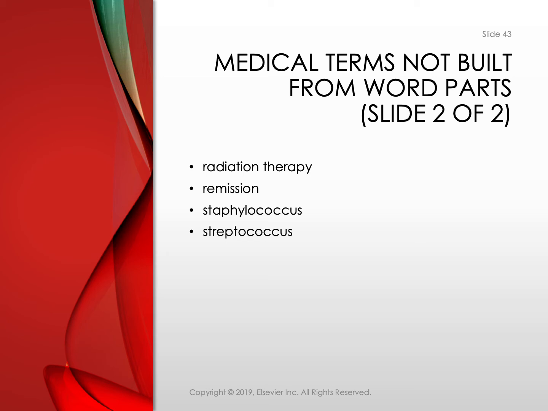Now, Staphylococcus and Streptococcus are microorganisms. Staphylococcus, I mentioned before when we talked about MRSA and Staphylococcus aureus. We can break these words apart, and coccus is pertaining to the shape of the bacteria itself, which is round. If a microorganism is a coccus shape, it is a round shape.